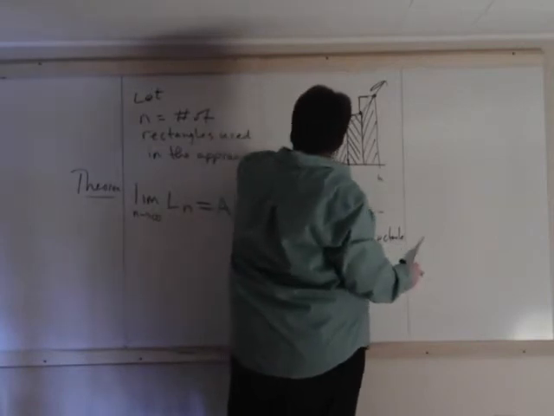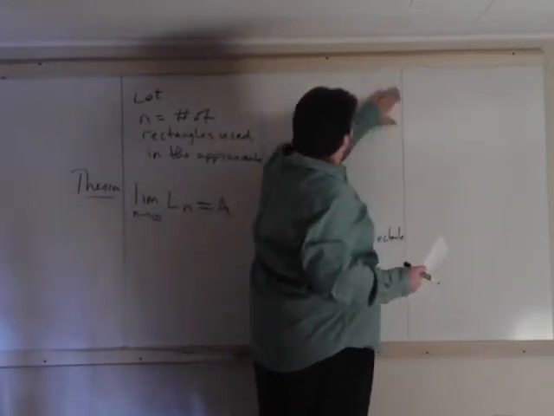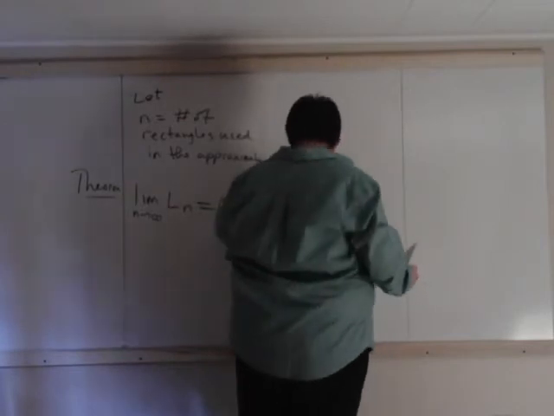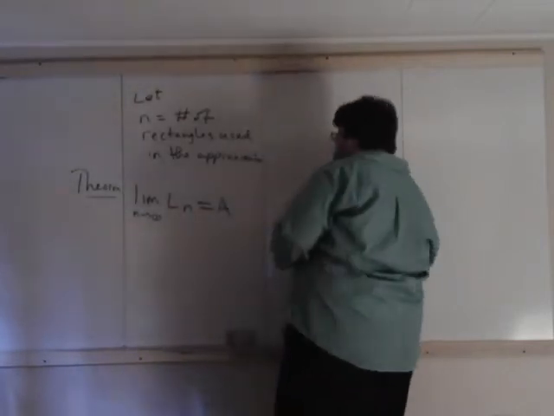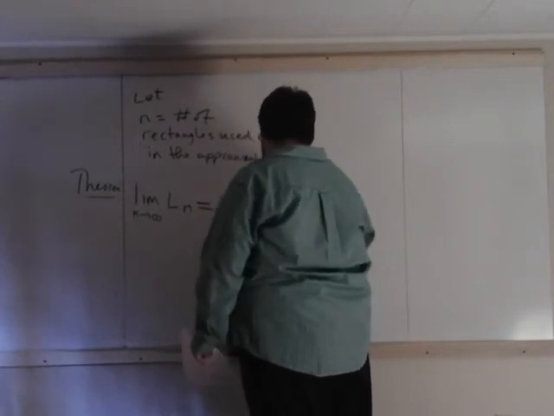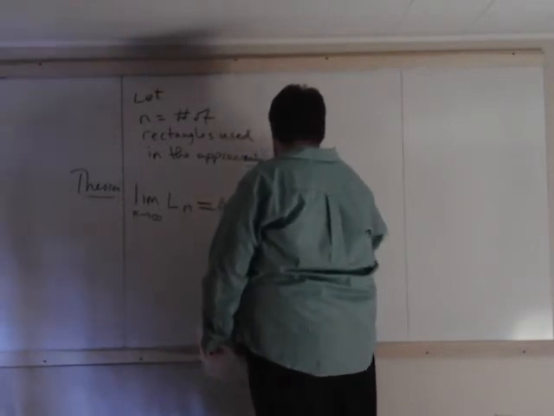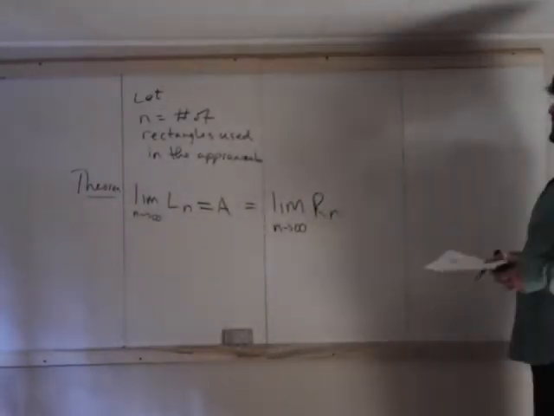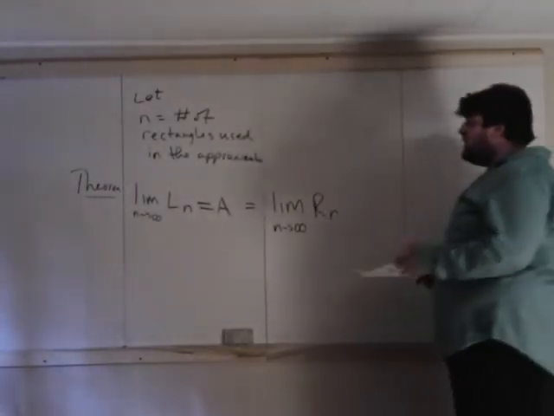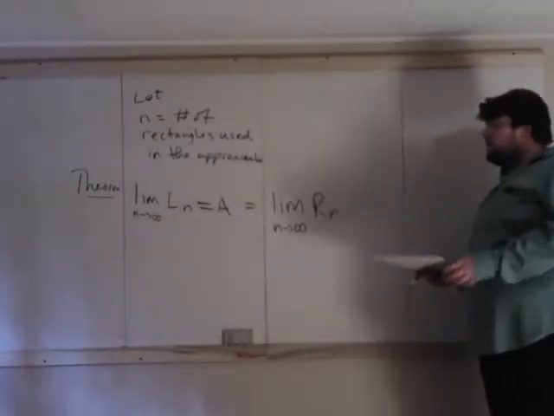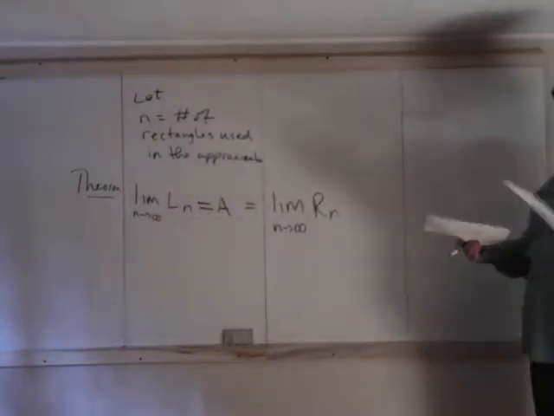An important result in math is that you could have also used the right endpoints. So you could use left endpoints, or you could use right endpoints. Either way, if you let the number of rectangles go to infinity, the approximation becomes exact, with right endpoints or with left endpoints.